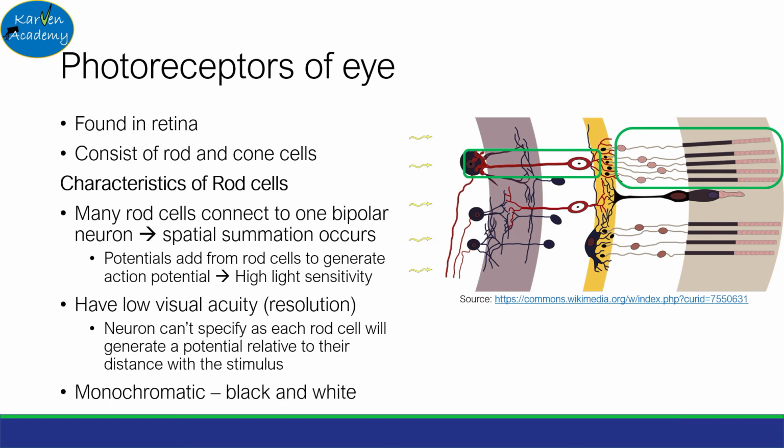Another thing to note is that rod cells are monochromatic, that is, they detect only black and white color. As you can see from this image, this bipolar neuron is connected to 5 rod cells, and each of these cells generate a potential when they detect a stimulus that gets added up at the synapse between the rod cell and the bipolar neuron. Like I said, we will learn about summation in a later video.